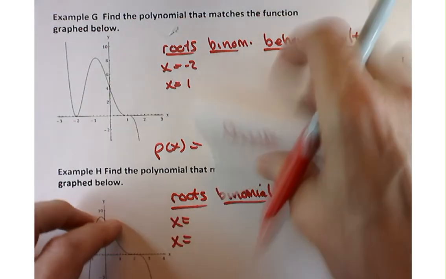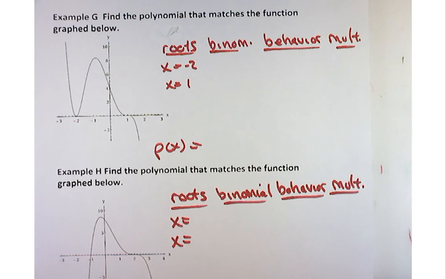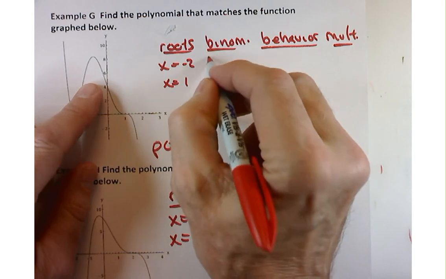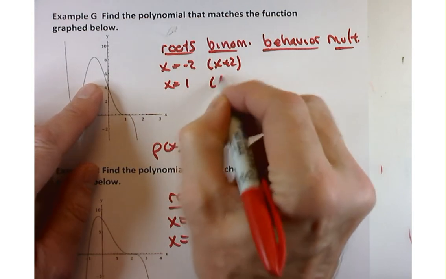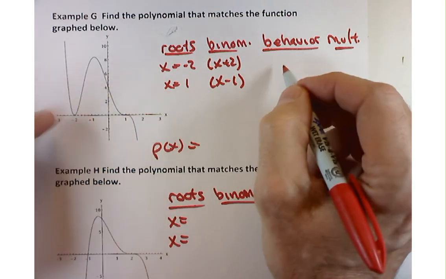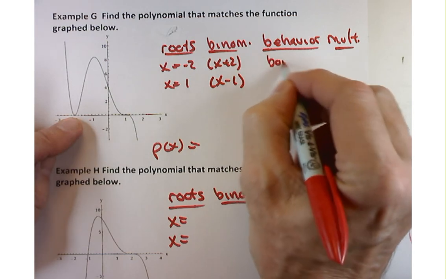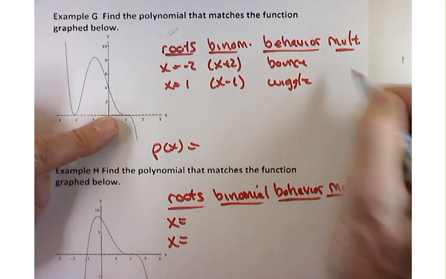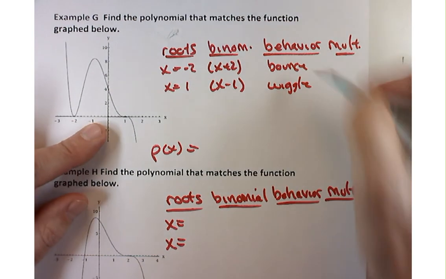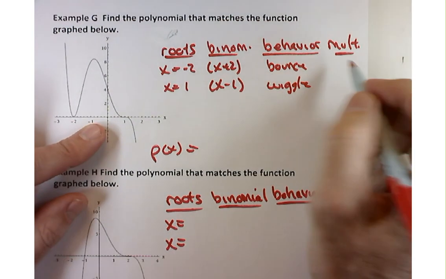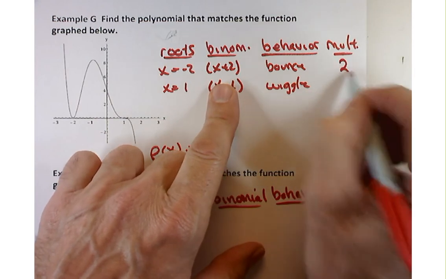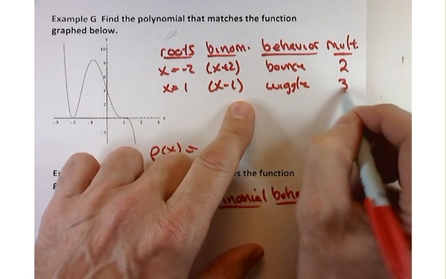Okay, so let's see what we got here. Starting with this one, the binomial is going to be x plus 2 times x minus 1. The behavior, we've got a bounce and a wiggle. What kind of multiplicity do you associate with a bounce? 2 and a wiggle, 3.